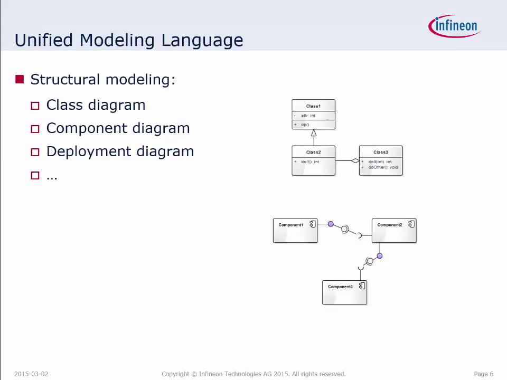As we've already seen for the metamodeling, the class diagram, here you have your classes like registers or SPI frames, whatever you want, or for example states or state transitions. Here you can specify your class structure, then there's a component diagram, deployment diagrams. There are a lot of structural diagrams defined.